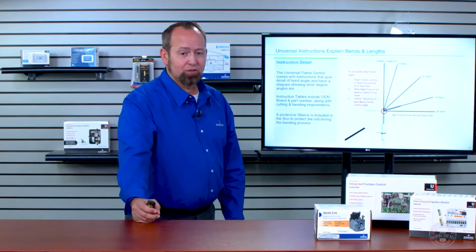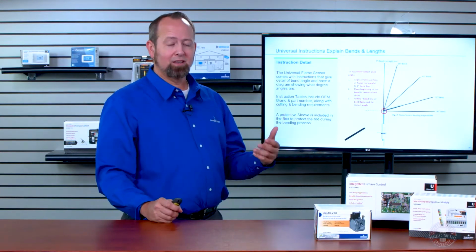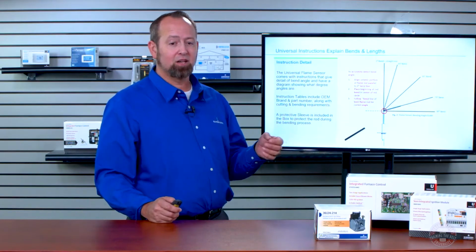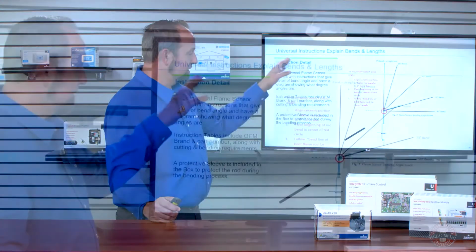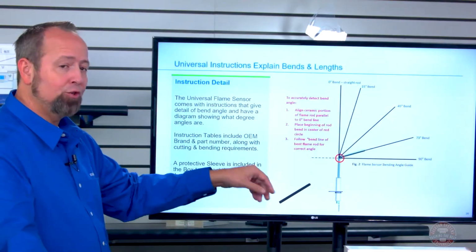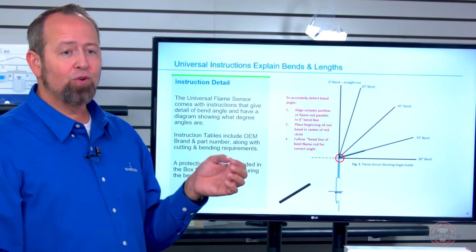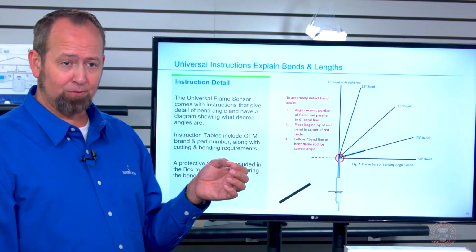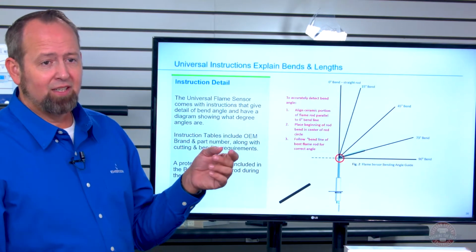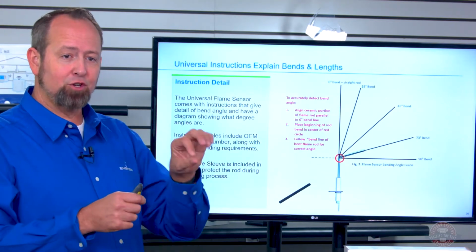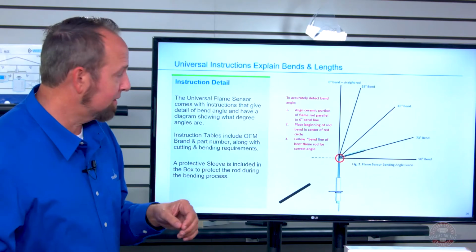So, universal instructions within the flame sense box itself. It comes within that box. There is a tube that can be slid over the flame sense probe so that it can be bent, and that tube protects right where it's bent.